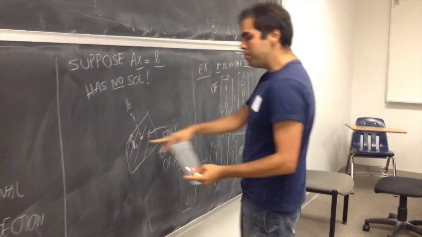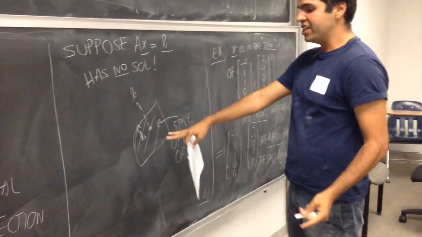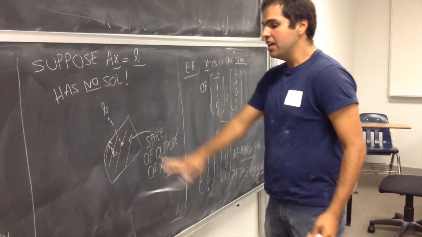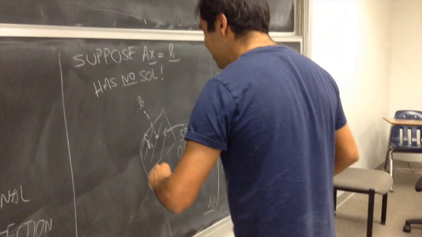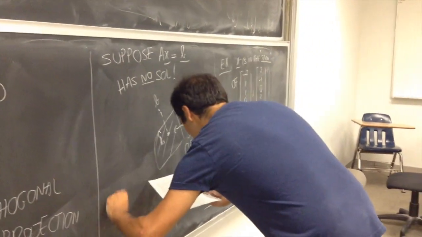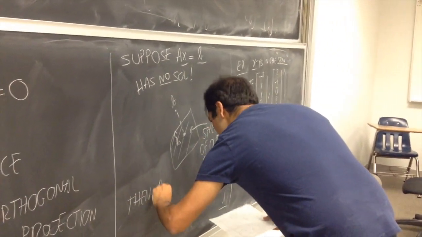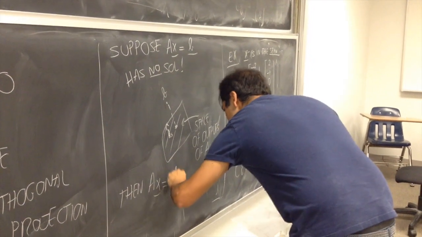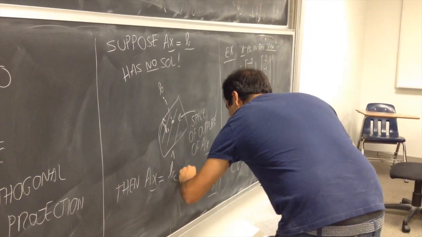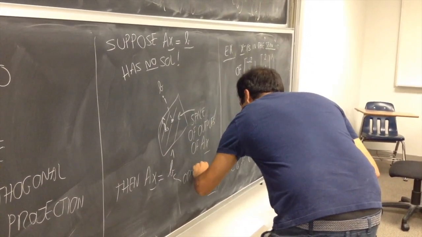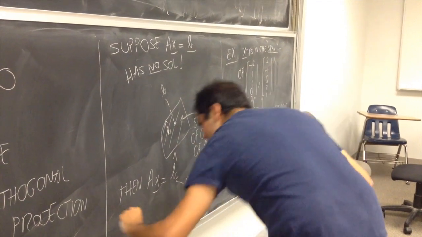Namely, define b hat to be the orthogonal projection, and by definition, Ax equals b hat has a solution.